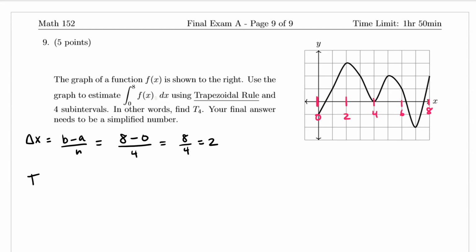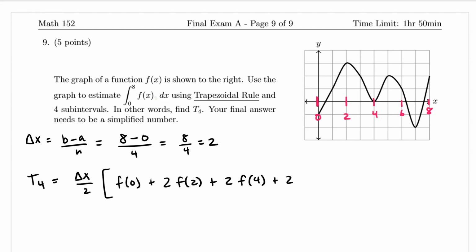Let's write out the formula for T sub 4. We have T sub 4 is equal to delta x over 2 times f of 0 plus 2 times f of 2 plus 2 times f of 4 plus 2 times f of 6, and then plus f of 8.